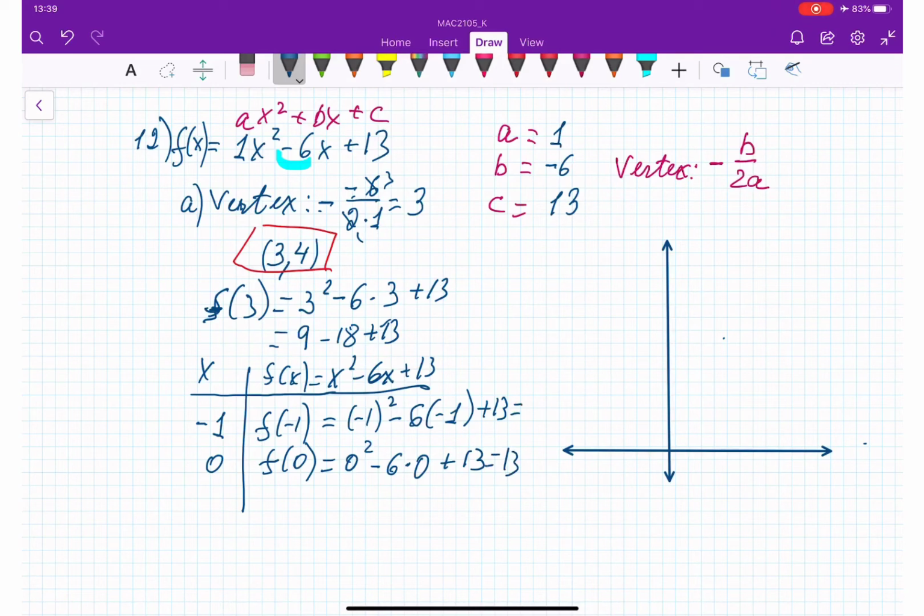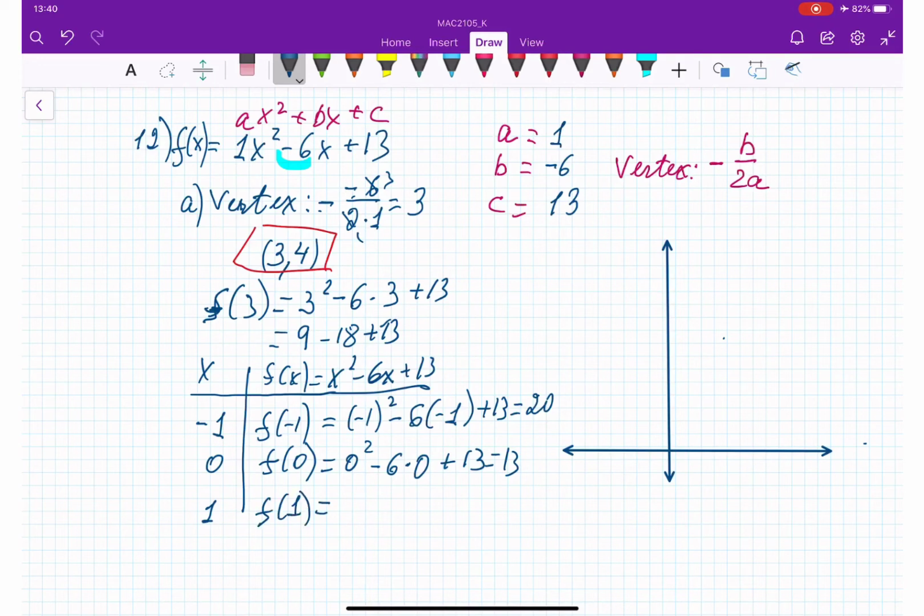Now in this case, what's going to be f of -1? Let's calculate, I forgot to calculate. So -1 squared is 1. 1 plus 6, because -6 times -1 is +6. 1 plus 6 is going to be 7. 7 plus 13 is going to be 20. And x of +1 is going to be f of 1.